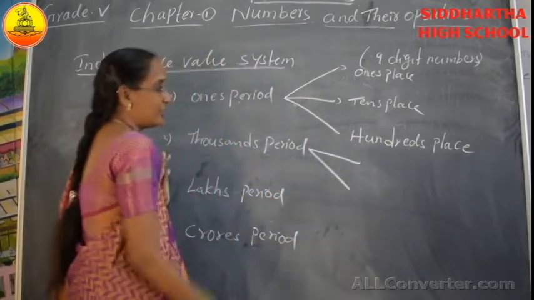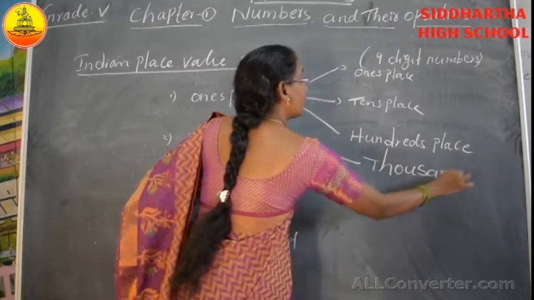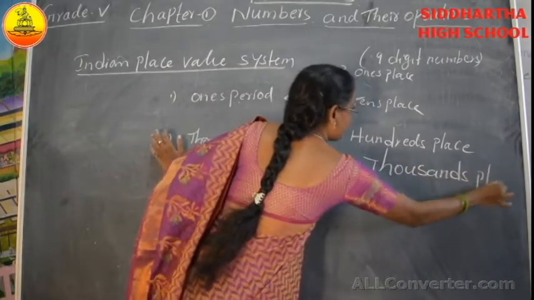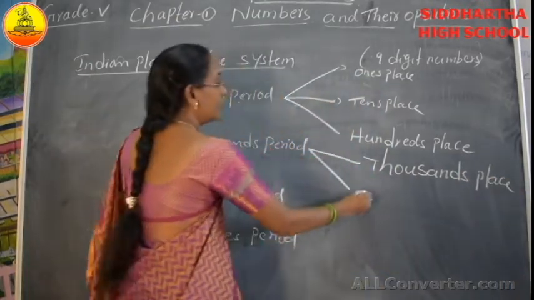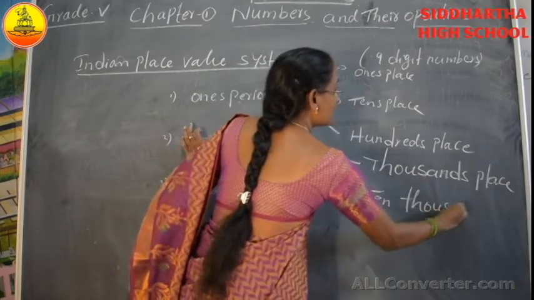Thousands period is divided into thousands place and 10,000 place.